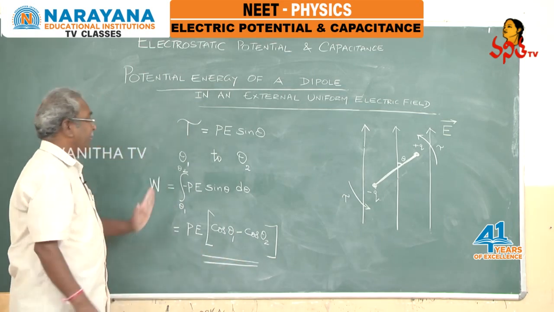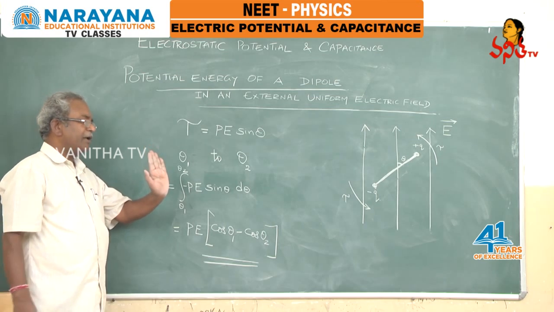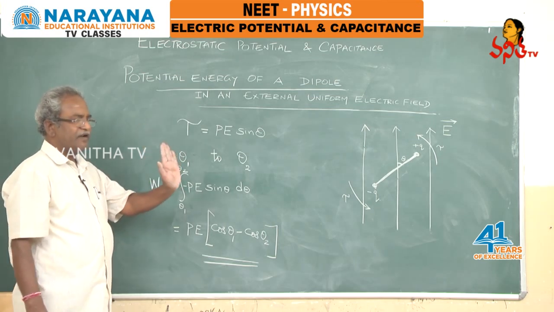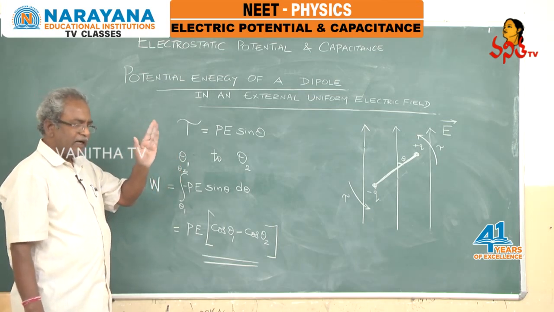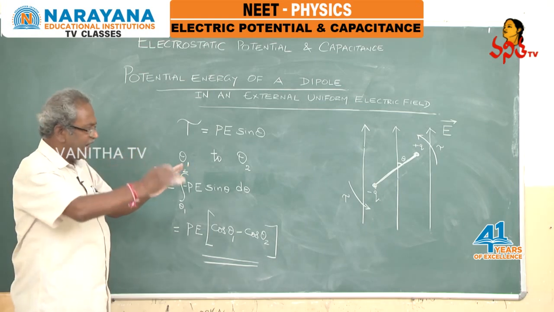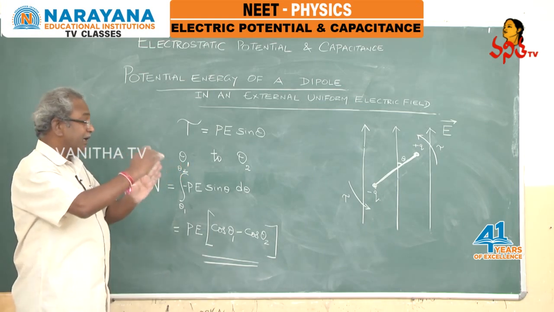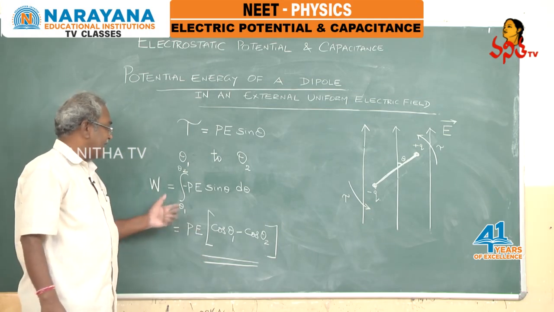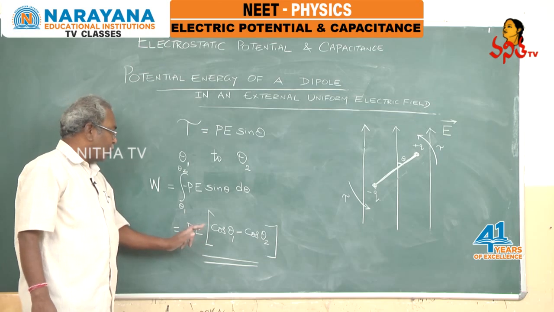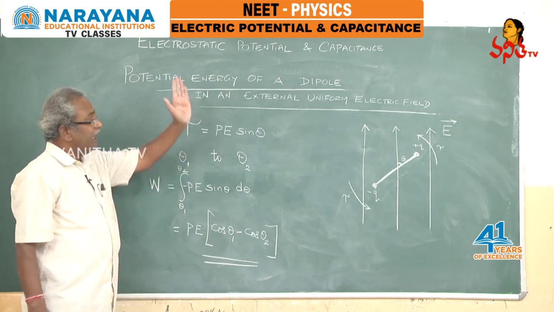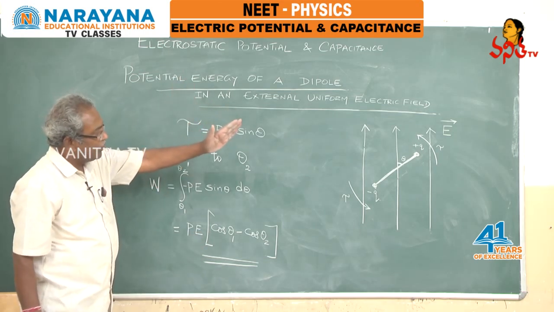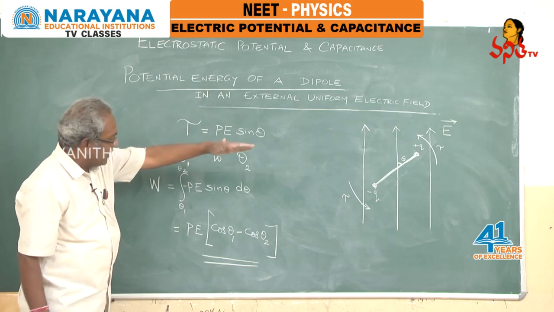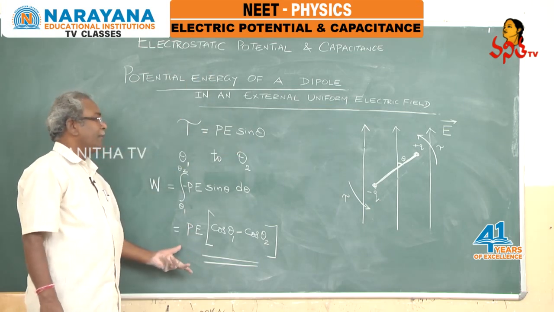If an electric dipole is already present in the direction of the electric field, to rotate it to an angle theta 1, the external agent has to do the work, and again from theta 1 to theta 2, the external agent has to do the work. This is the amount of work done to rotate the electric dipole from an initial angle theta 1 to the field to a final angle theta 2 to the field.